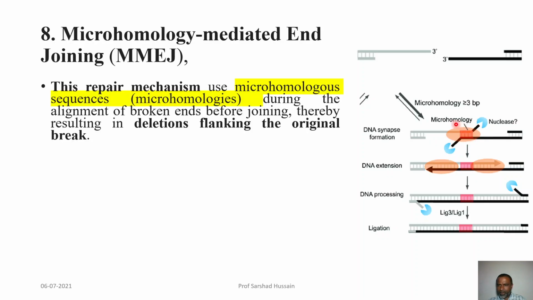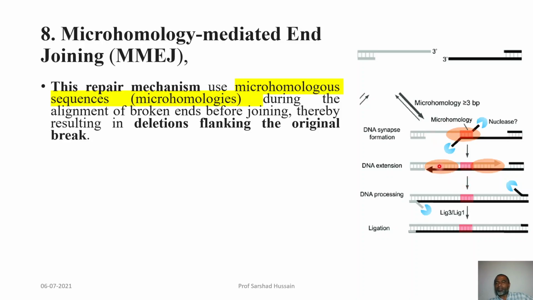Then the DNA polymerase, after joining this microhomology part, will start synthesizing this part by using this segment of the DNA as a template, and in this direction also it will synthesize this part by using this strand as a template strand to have the bases added over there.